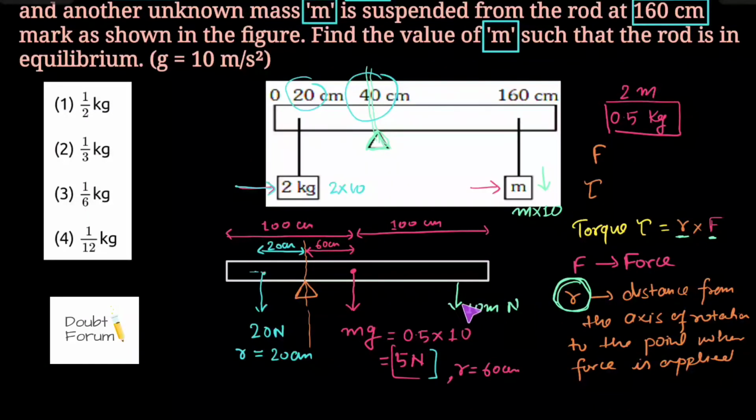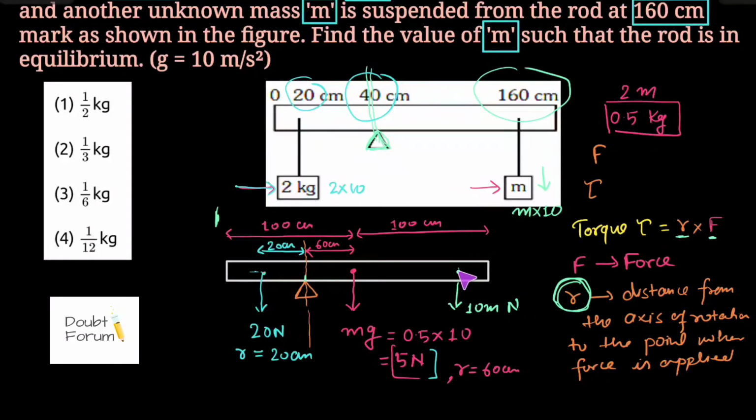And there's another force of 10m which is acting here, and we also have to find the value of r for this 10m Newton force. This is the point where the force of 10m is applied, and this point is at 160 centimeter from the 0 point. This is our reference point, the axis of rotation.